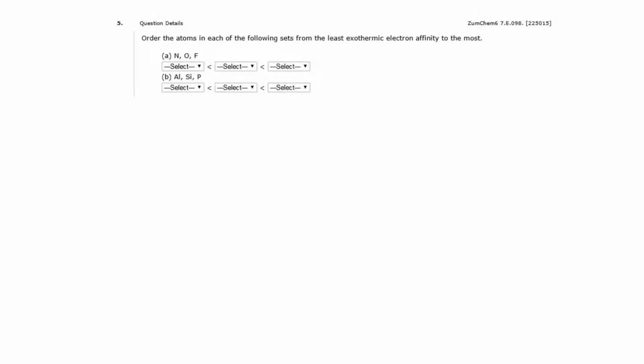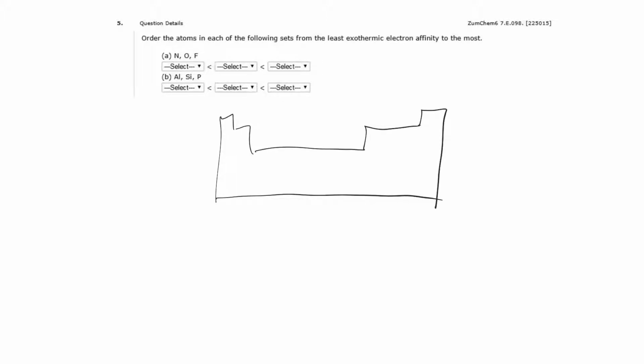Here's a periodic trends question that asks us to consider electron affinity. Like most of the other trends, we see an increase in going from lower left to upper right. Now in this case, what we mean by an increase is more exothermic values for the electron affinity.